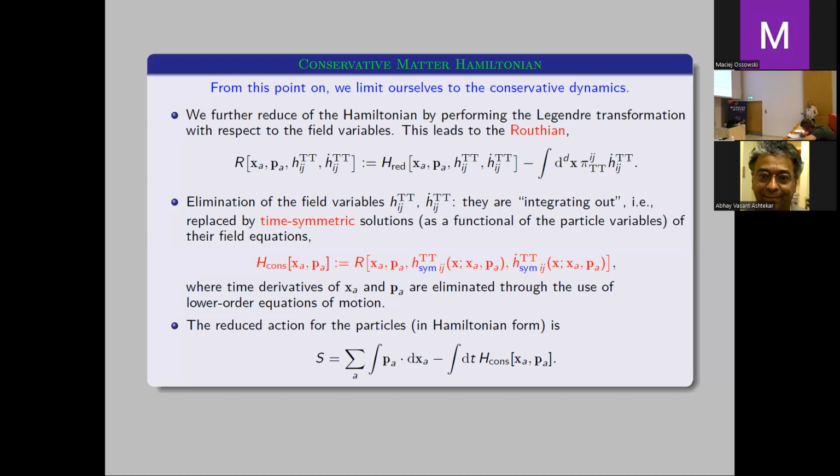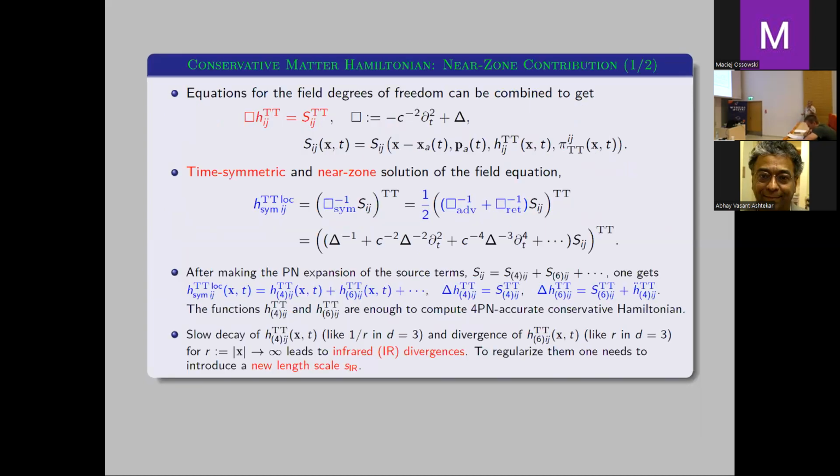And this is exactly equivalent to making canonical transformations in the phase space of the problem. So time derivatives of positions and momenta are not problematic. So finally, we have something like this. We can say that this is the conservative Hamiltonian, which depends only on positions and momenta. It can be derived from this action, if you want. All is very usual.